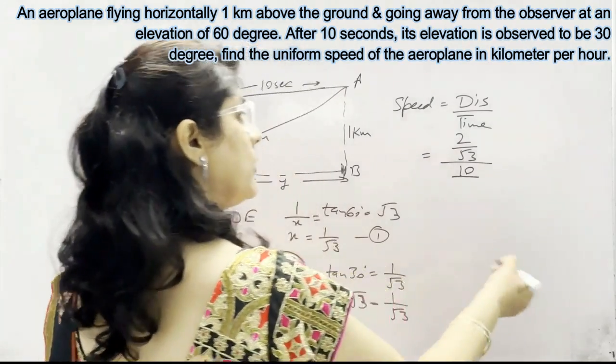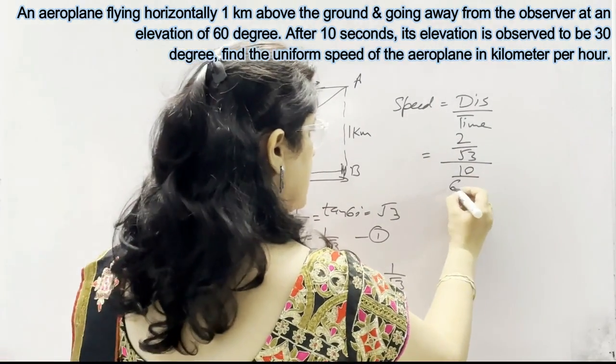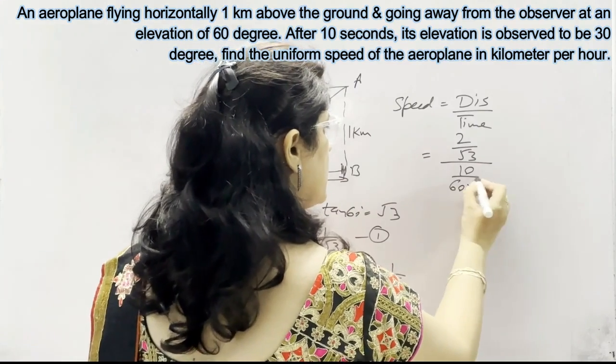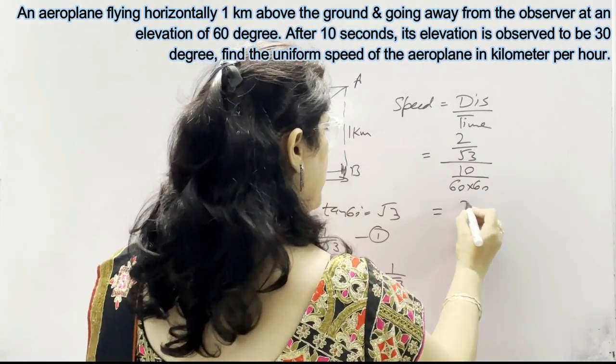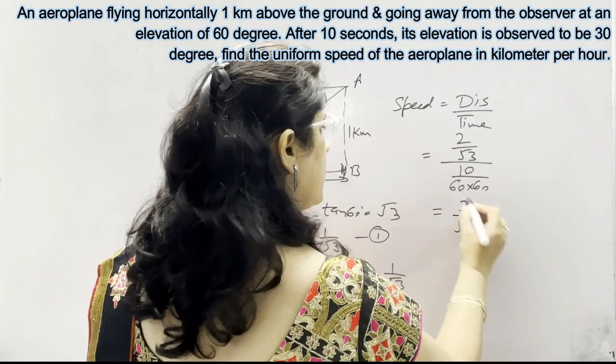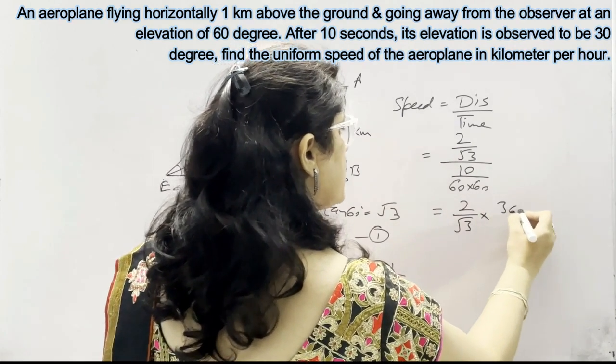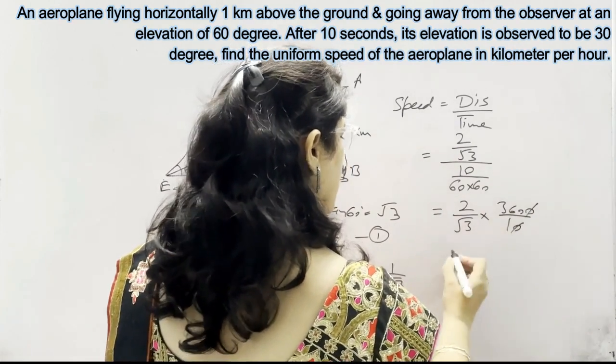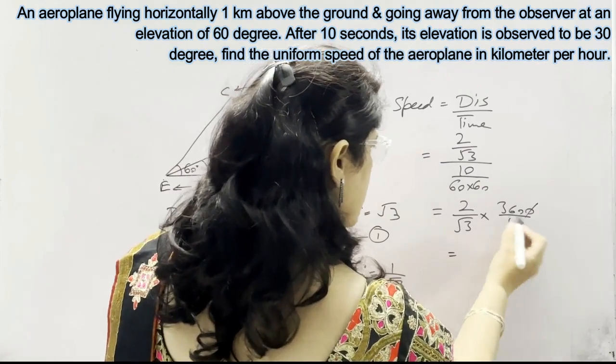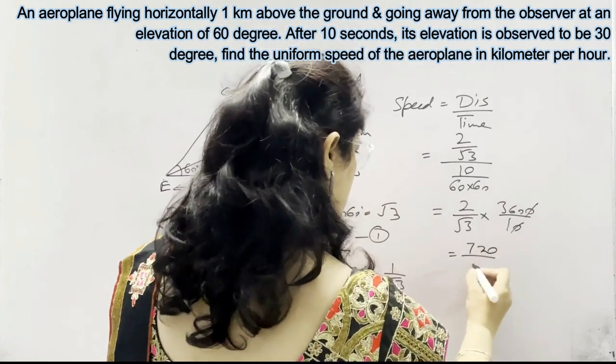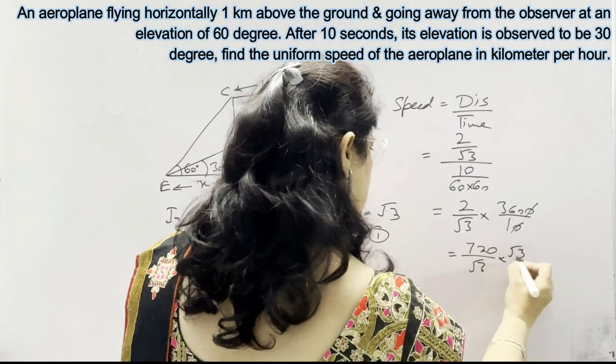So convert into hours, 60 into 60, first into minute and then into hour. So overall calculation is 2 upon under root 3, 3600 upon 10. So it means 720 upon under root 3.